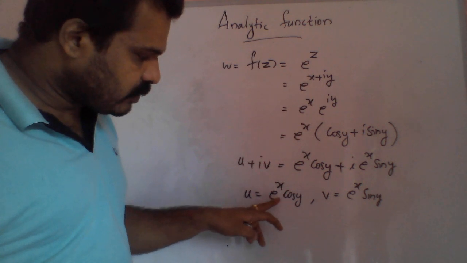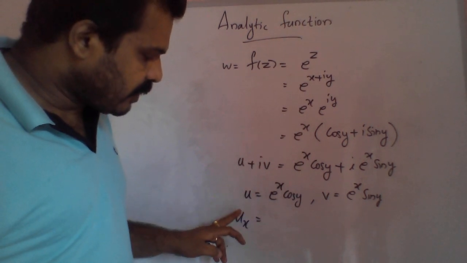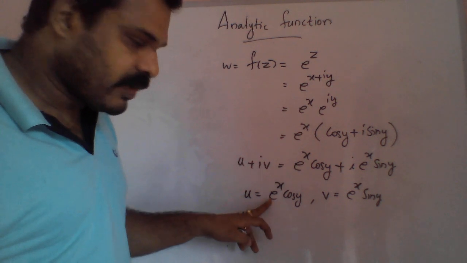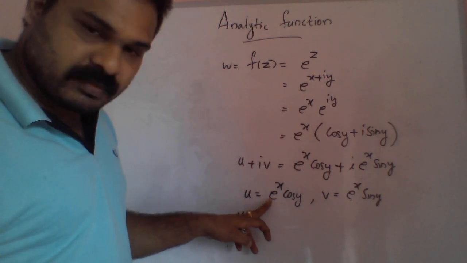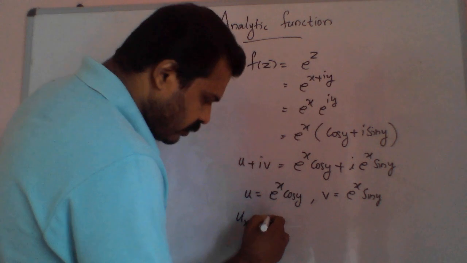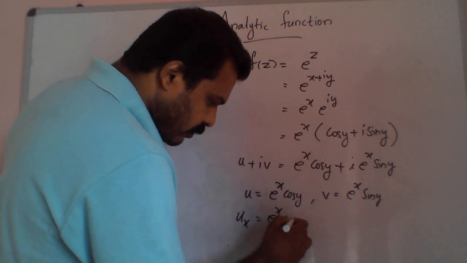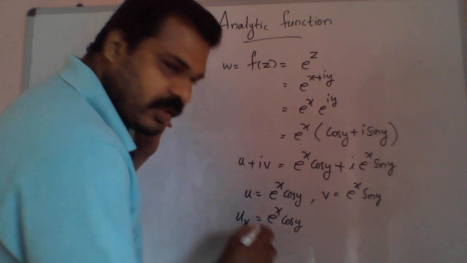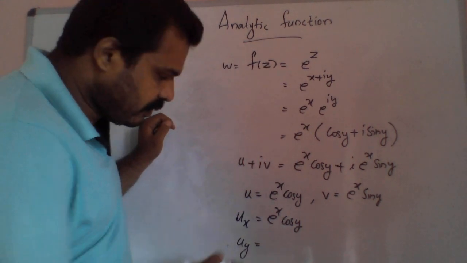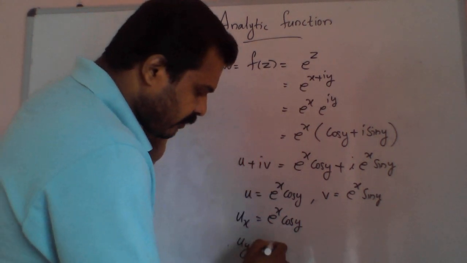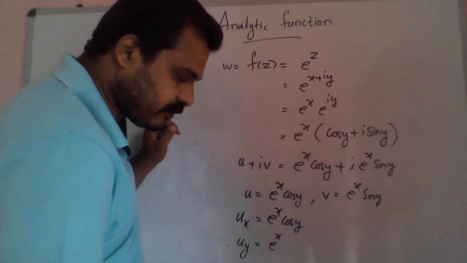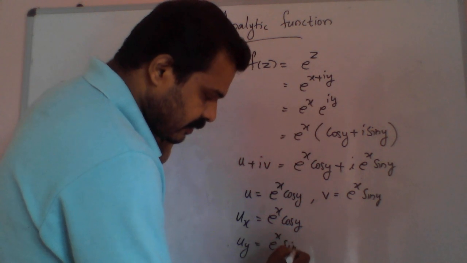So u is e raised to x into cos y. Differentiating with respect to x, y is constant, so cos y is a constant. The derivative of e raised to x is e raised to x. So ux is e raised to x into cos y. Uy, differentiating u with respect to y, e raised to x is constant, then the derivative of cos y is minus sin y.